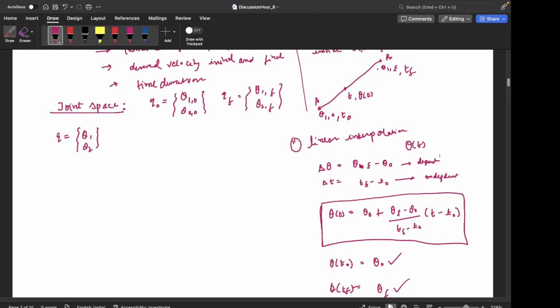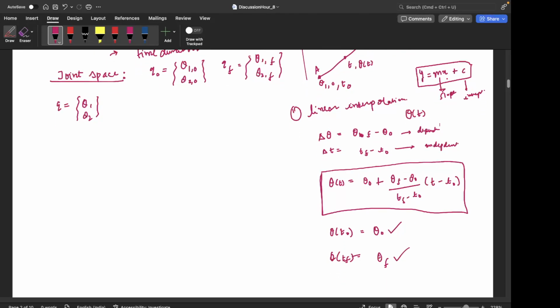And we know that a straight line can be represented uniquely like this: y is equal to mx plus c, where m is the slope and c is the intercept.